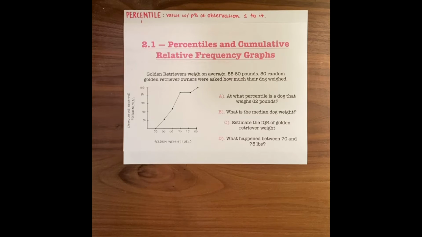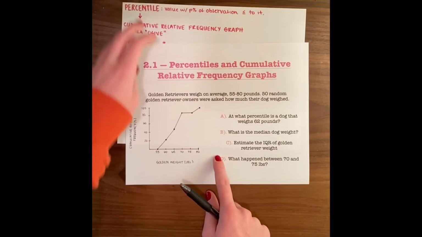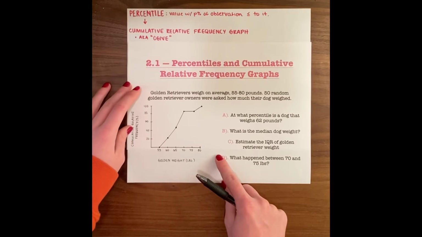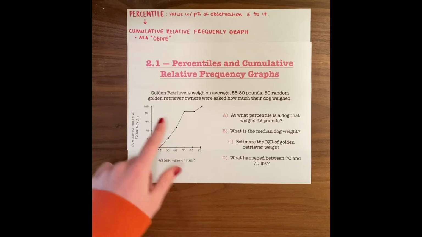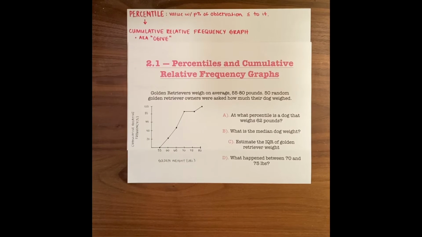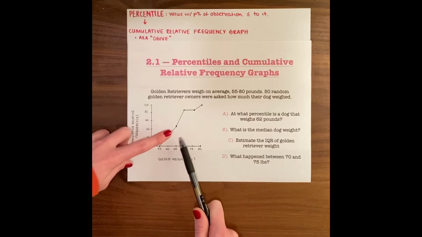To find percentile, we use what is called a cumulative relative frequency graph, which is also known as an ogive. And that's what they've given us here. This is an ogive. The graph points are plotted on the given line where the value and the percentile correspond.